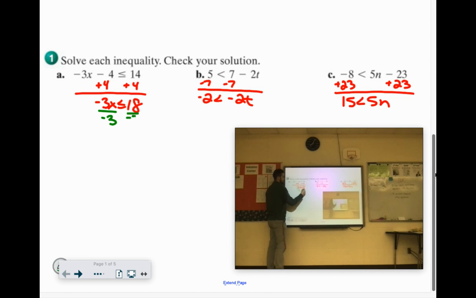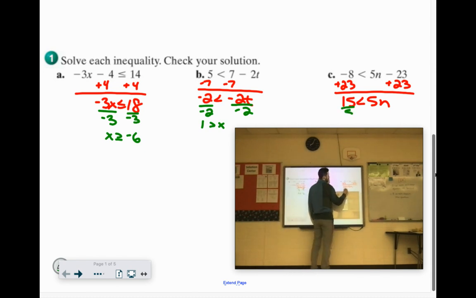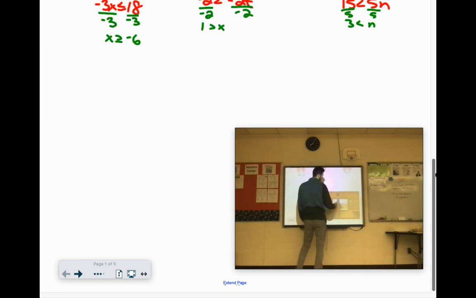Here, make sure you flip the sign. Here, make sure you flip the sign as well. Here we do not flip the sign. Let's scoot down.